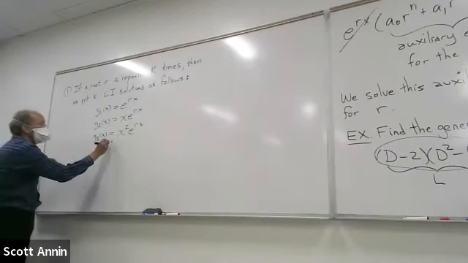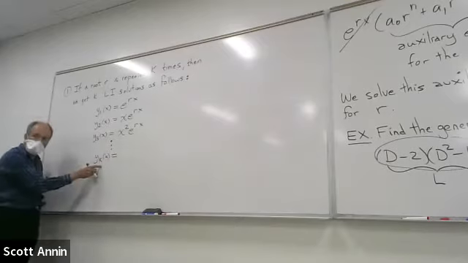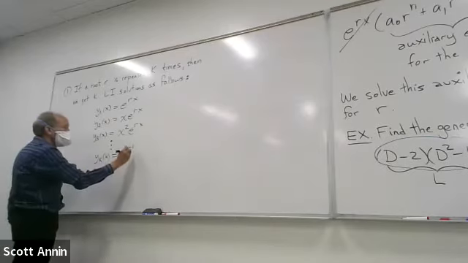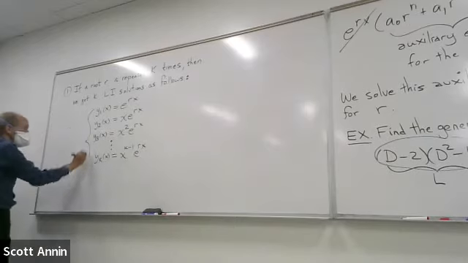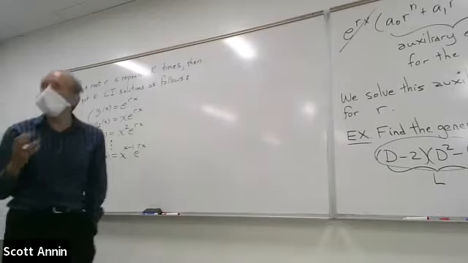And we just keep stacking like that as many times as we need to. By the time we get down here to the kth term, we're going to get x to the k minus 1 e to the rx. So there you go. And it turns out that these will be LI.